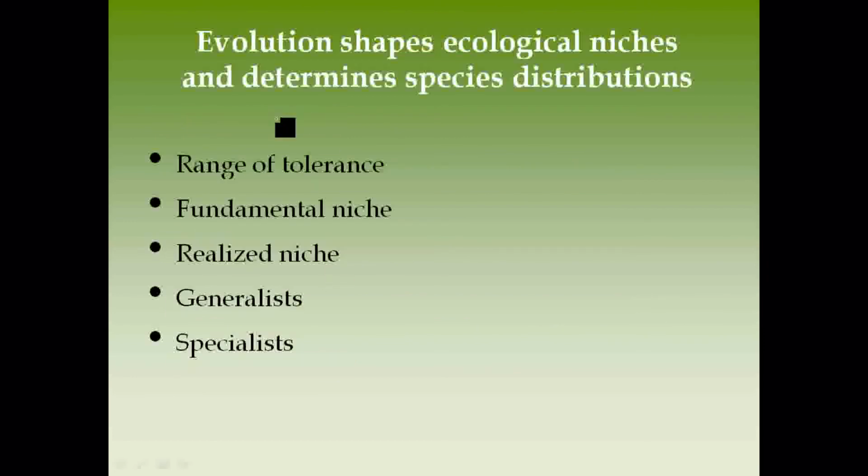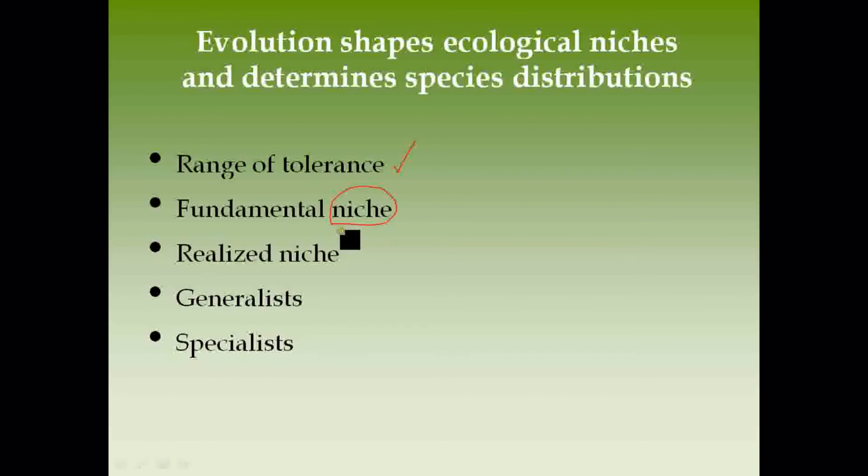Alright, so on page 134 we're going to talk about range of tolerance. We're going to talk about the difference between fundamental niche and realized niche. You probably remember from another biology course what a niche is. The species niche is the job that it has in the ecosystem, or perhaps it's what it eats, or perhaps it's what eats it.